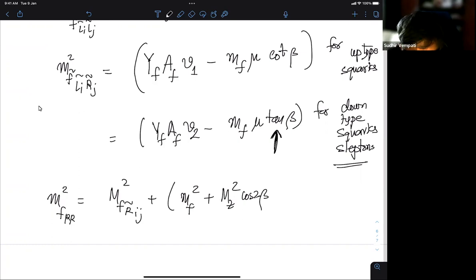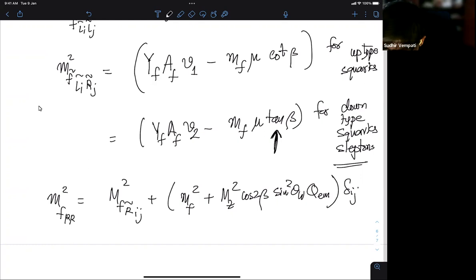Same thing, sine square theta W. There is no T3 times delta IJ. There is no T3 because right-handed neutrinos don't really have T3. Right-handed particles don't have T3, so there is no T3 value.